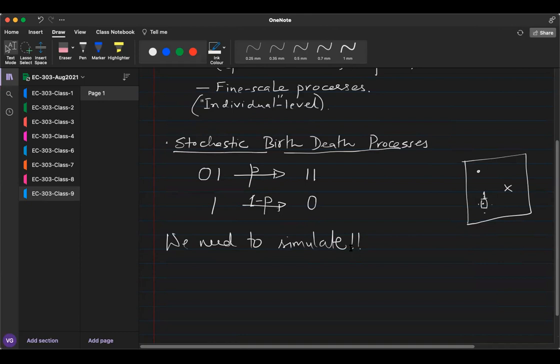You have to create arrays to account for locations in space, and each array element will have one of the two states, 0 or 1. Then you iterate the processes of picking a site randomly, checking if it's occupied or not, and then applying these rules. And then we will find results.